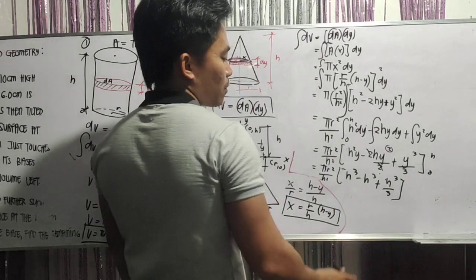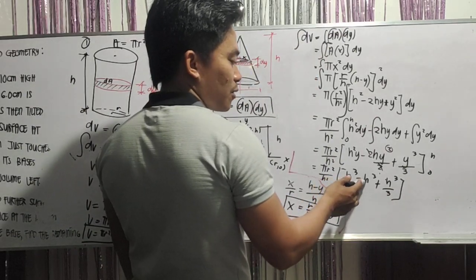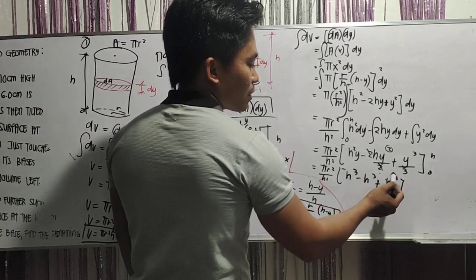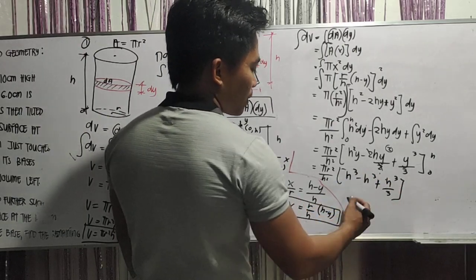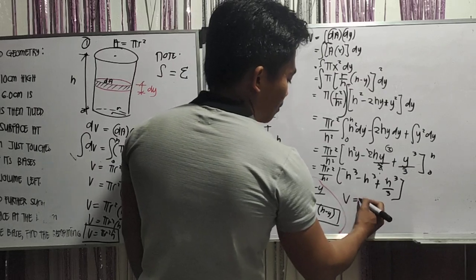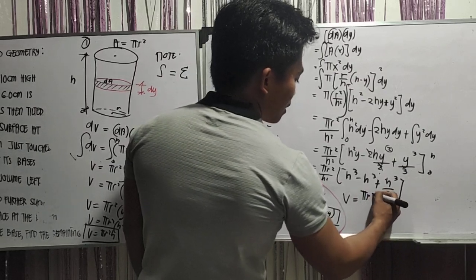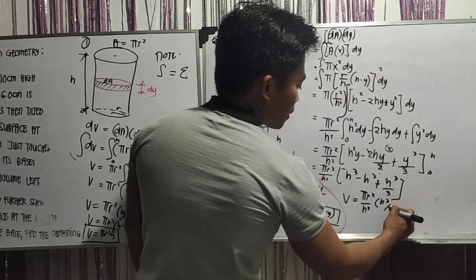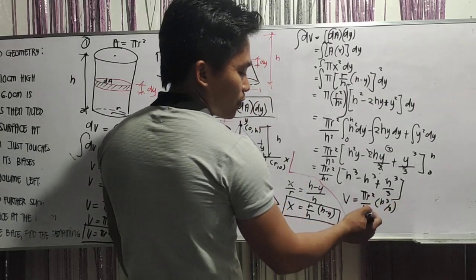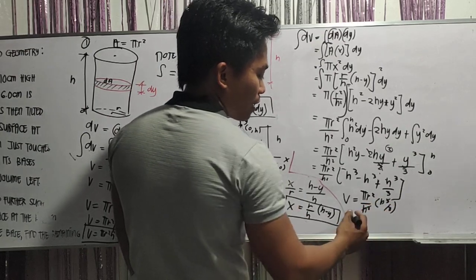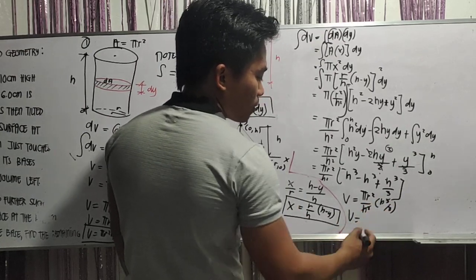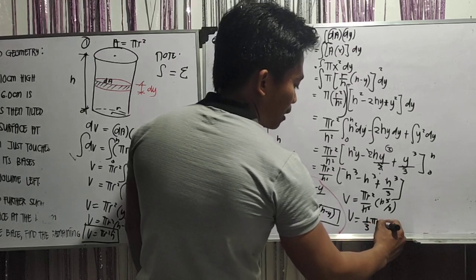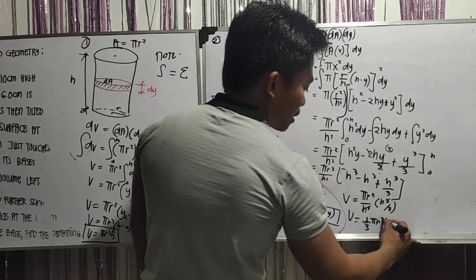Okay? So, what is this? H cubed minus h cubed, 0. Okay, yung matitira na lang is eto si h cubed over 3. So, what is that? Volume is simply pi r squared over h squared times h cubed over 3. What will happen? H cubed over h squared is makakancel. And you will end up with the result of volume is simply 1/3 pi r squared times height.